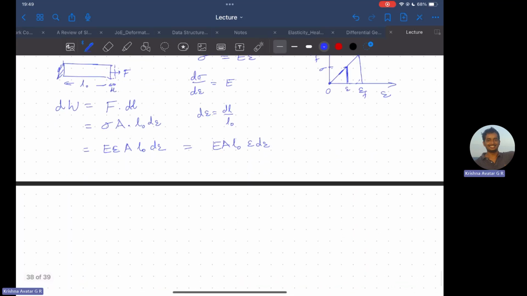Now what we do is we integrate from epsilon is equal to 0 to epsilon is equal to epsilon F. Which means that W, taken from 0 to epsilon F of this entire quantity, E A L naught epsilon d epsilon, is equal to E A L naught epsilon F squared by 2, isn't it?